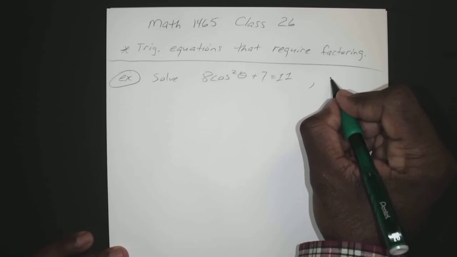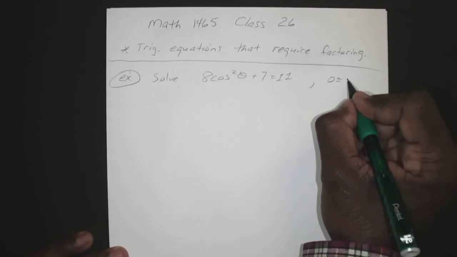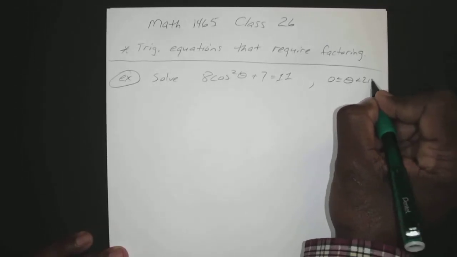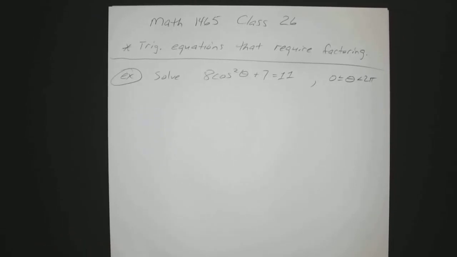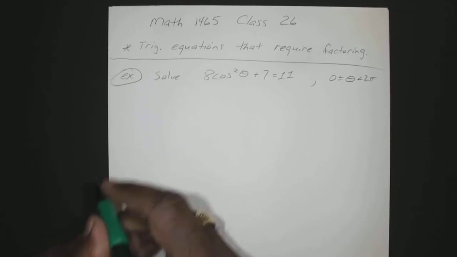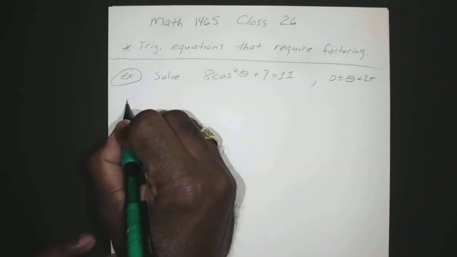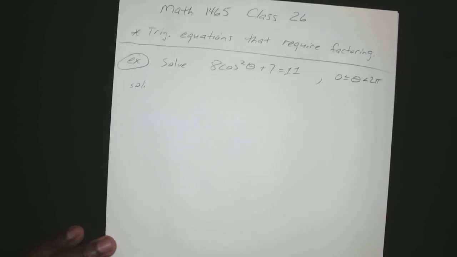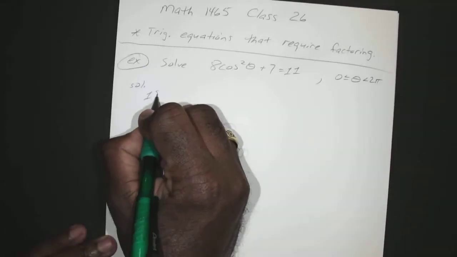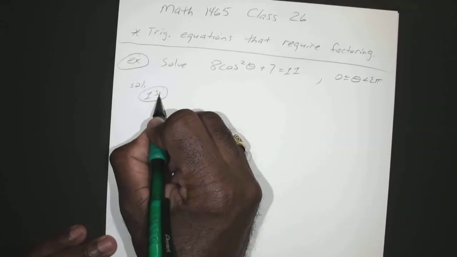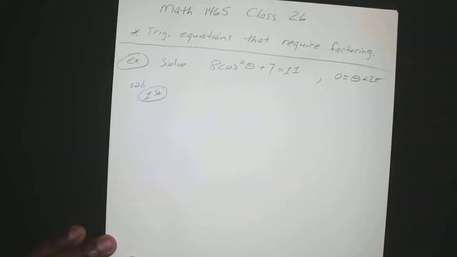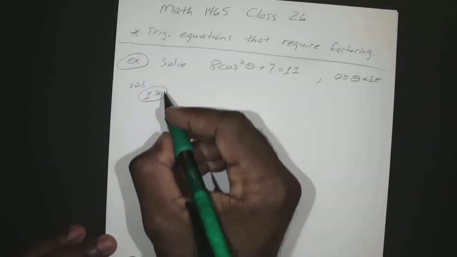We're assuming that theta is between 0 and 2 pi. The first thing you want to do is solve for cosine squared theta and then solve for cosine theta.